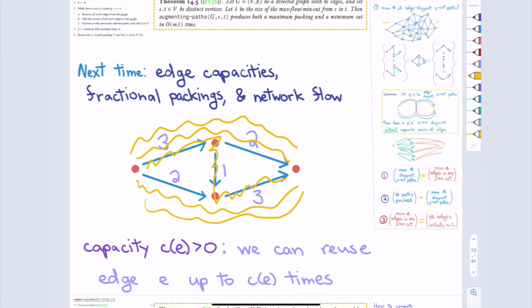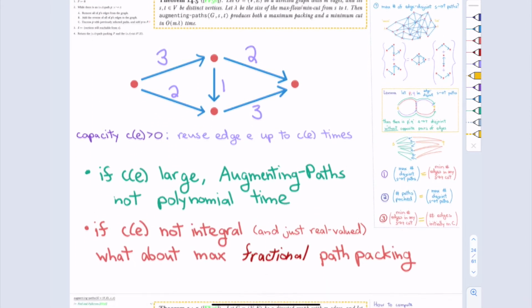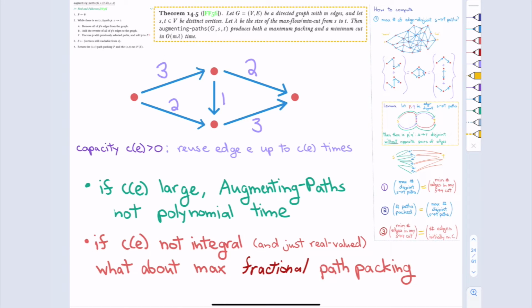One thing worth pointing out, if the capacities are integers, then we can think of a capacity of 3 as just having 3 copies of an edge with capacity 1. A multi-graph. So we could always reduce to the unweighted case by multiplying stuff.